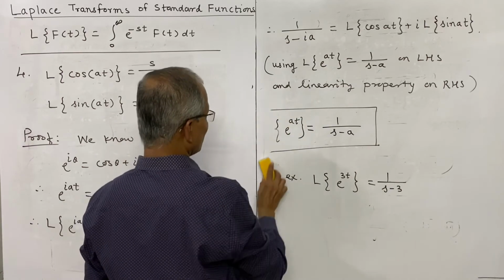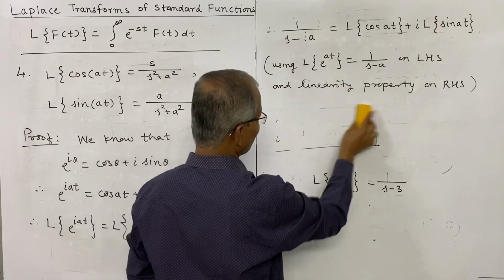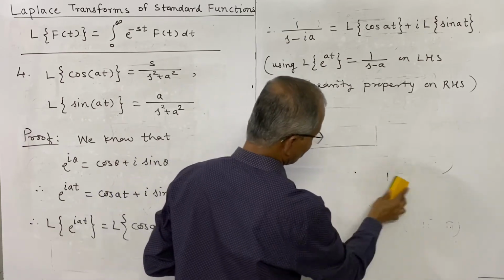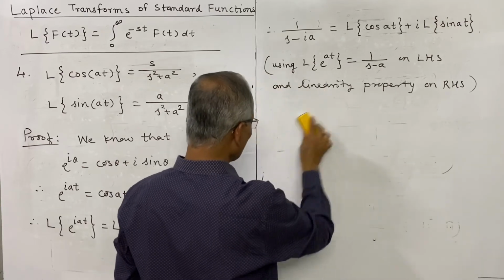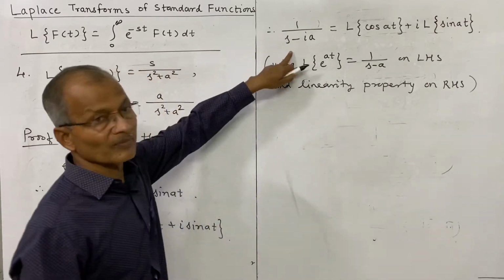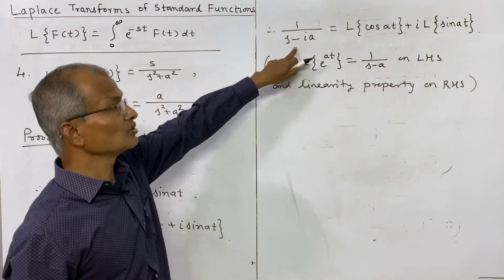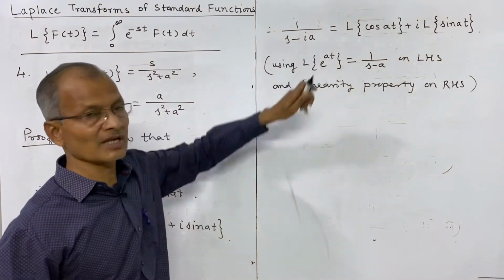Now again on the left side we can simplify it. We shall multiply the numerator and denominator here by the complex conjugate of this term, that means s plus ia.